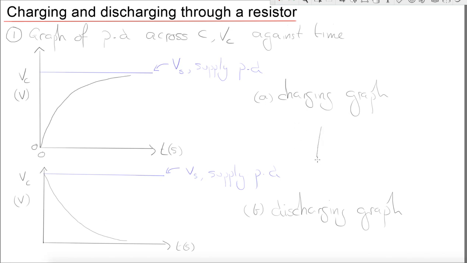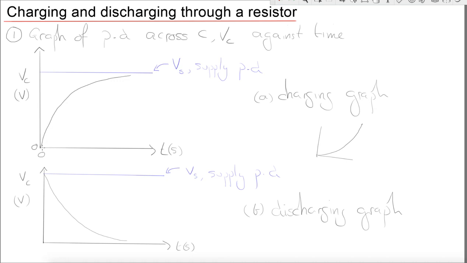Exponential growth would look like that. This is exponential decay, falling equal proportions in equal periods of time. You've come across this before with nuclear physics and radioactive decay. So these are graphs you need to be able to sketch. You need to recognize them as well as sketch them.